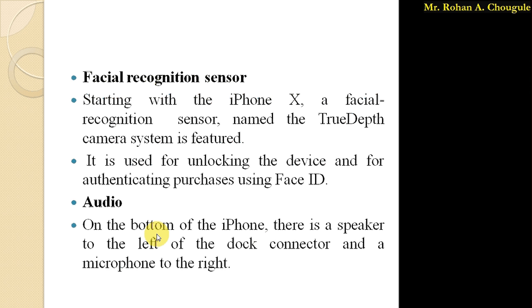Then we had audio. If you see the bottom of the iPhone, we get the audio input and output. There is one speaker on the left of the dock connector, and on the right we have the microphone.